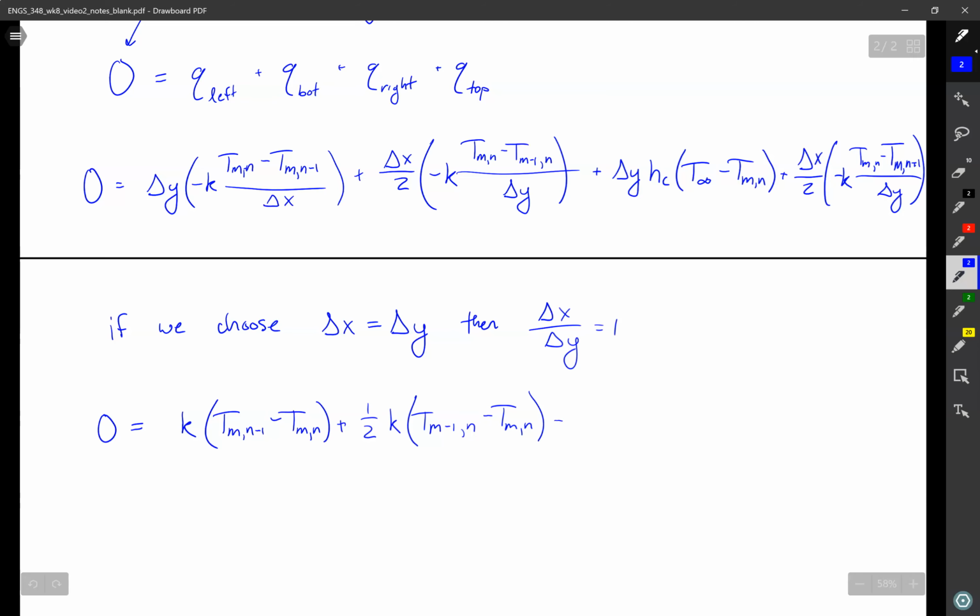My convection term doesn't have a delta Y over delta X, so it just has a delta Y, so that stays there. So this is still delta Y h_c (T infinity minus T_mn). Nothing really changes there. And then this last term has a 1/2 delta X over delta Y, so this is 1/2 k (T_m,n+1 minus T_mn).